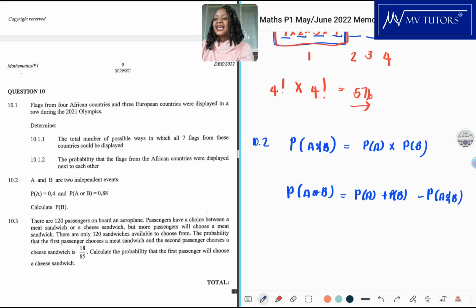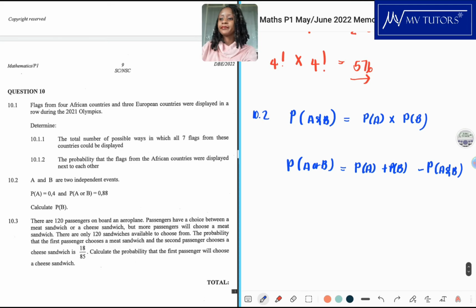So we need to calculate the probability of B. I'm going to put in the information that I know. The probability of A or B is 0.88. The probability of A is 0.4. The probability of B is what I'm calculating.